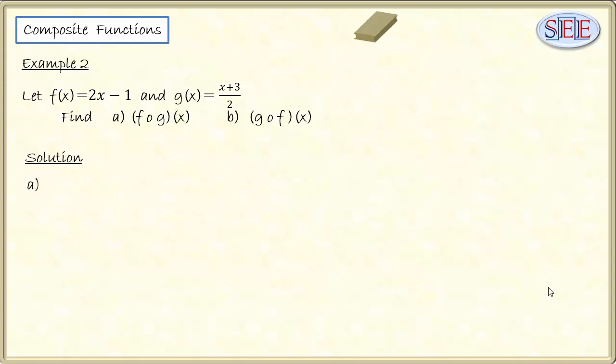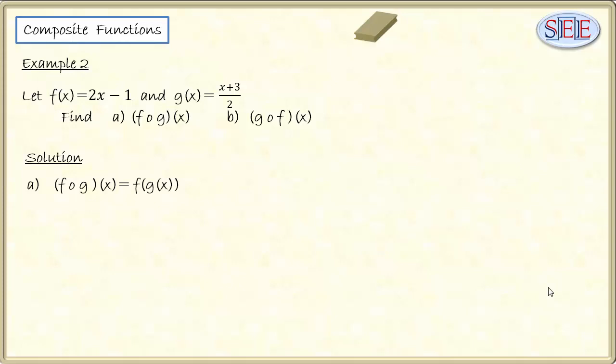Solution to this problem, starting with question A, where we are asked to find f of g of x. F of g of x is nothing but f first, then g of x. So you have f of g of x. But g of x, remember, we have the formula for g of x as x plus 3 all over 2.